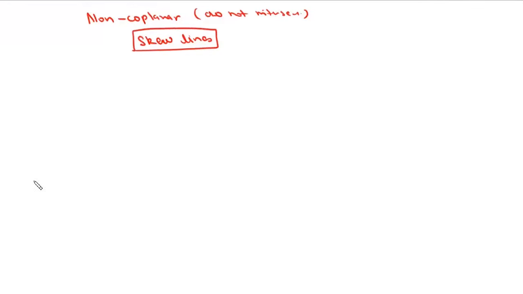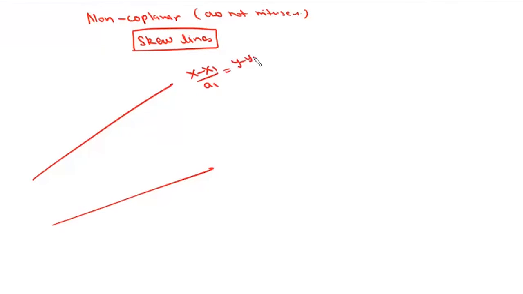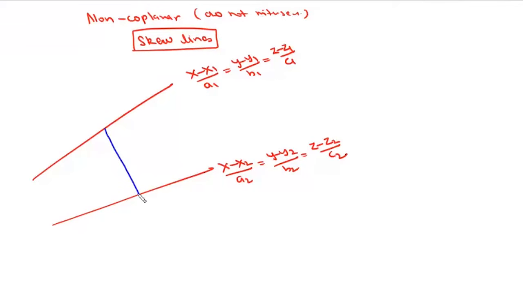So here we will be given equations of two lines such as x minus x1 upon a1 equals y minus y1 upon b1 equals z minus z1 upon c1, and this equation is x minus x2 upon a2, y minus y2 upon b2 equals z minus z2 upon c2. And these two lines are non-parallel, non-intersecting. We have to find shortest distance between these two skew lines.